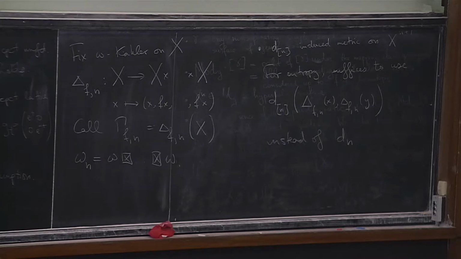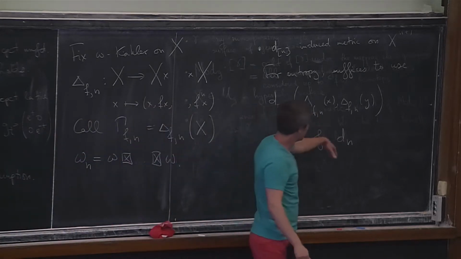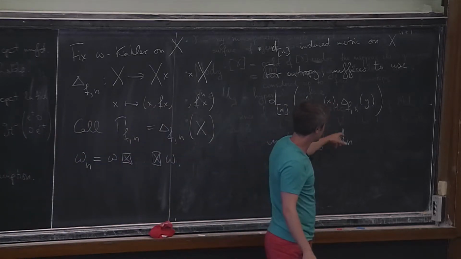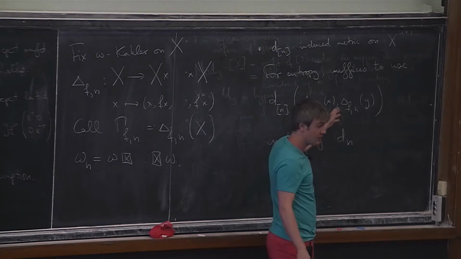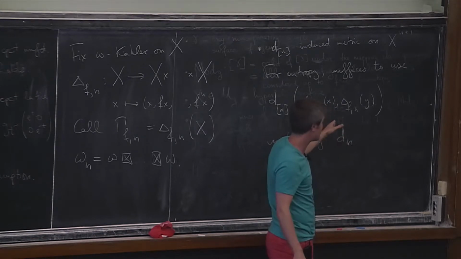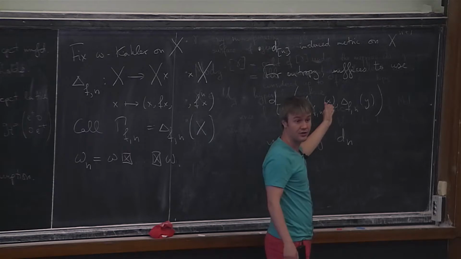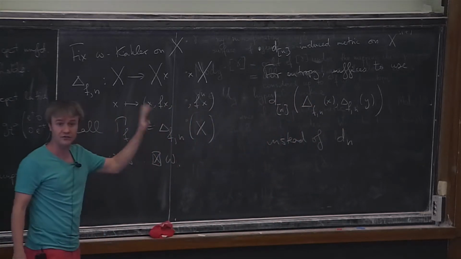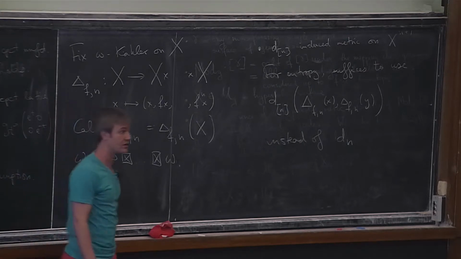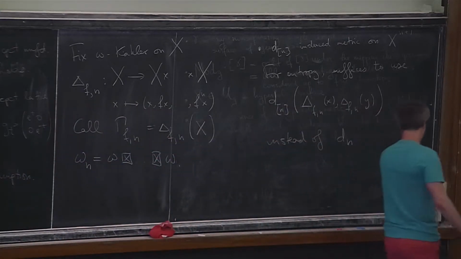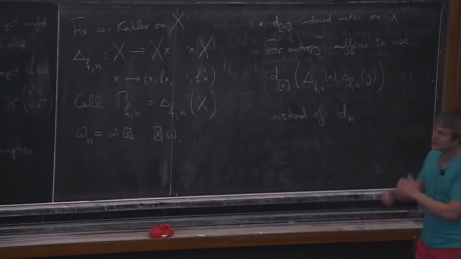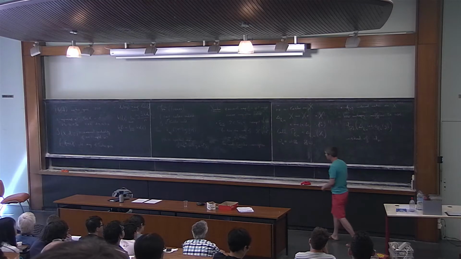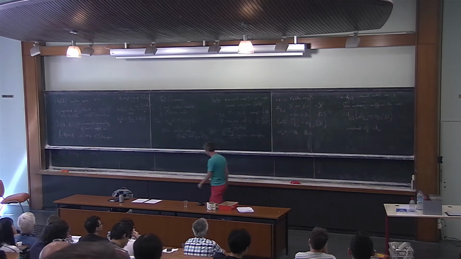The difference between these two metrics is only linear. So there will be a comparison factor between them. You can estimate one in terms of the other, and there will be some linear factor in n. And when you take logs and divide by n, this factor just goes away. So there's no harm in just working in this situation.